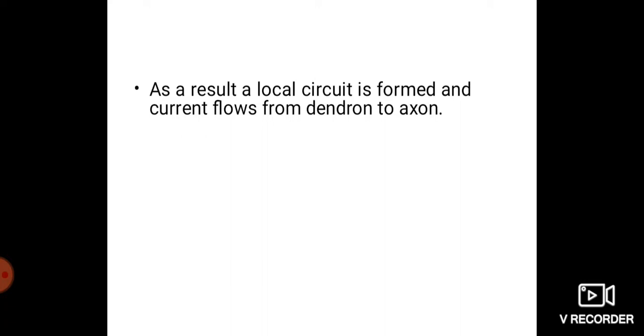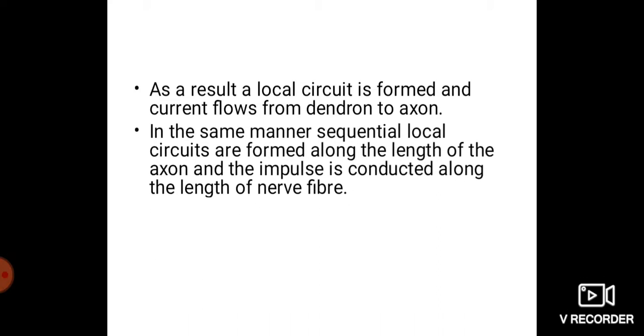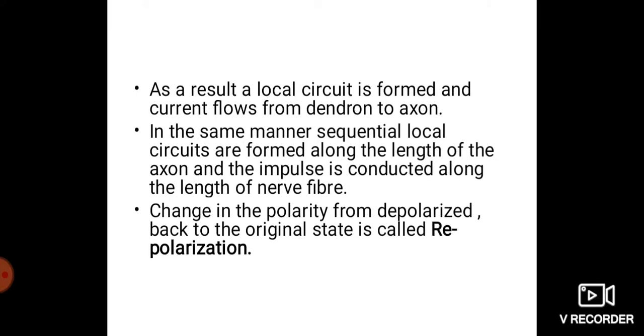As a result, a local circuit is formed and the current flows from dendron to axon. In the same manner, sequential local circuits are formed all along the length of the axon and the impulse is conducted all along the length of the nerve fiber.